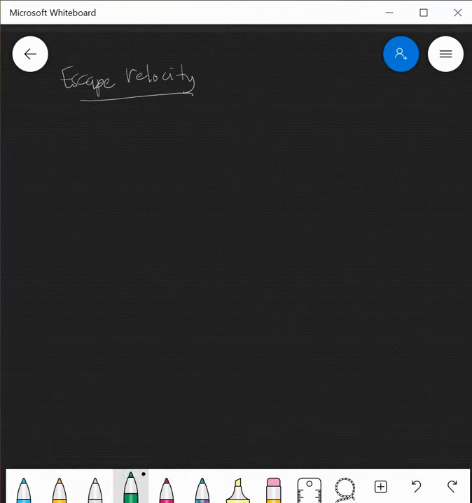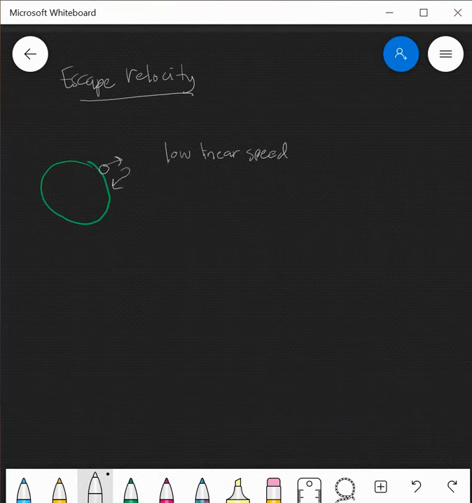Okay, so now we are going to take a look at escape velocity. What does it mean by escape velocity? Okay, let's say if you shoot an object from the surface of the earth, awak shoot dia keluar at a low speed, low linear speed, eventually the object will fall back to the surface of the earth, betul?